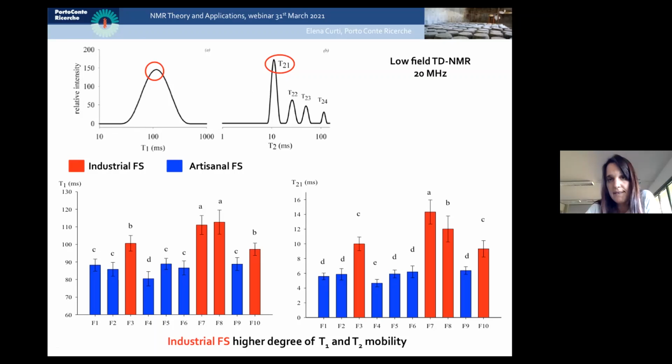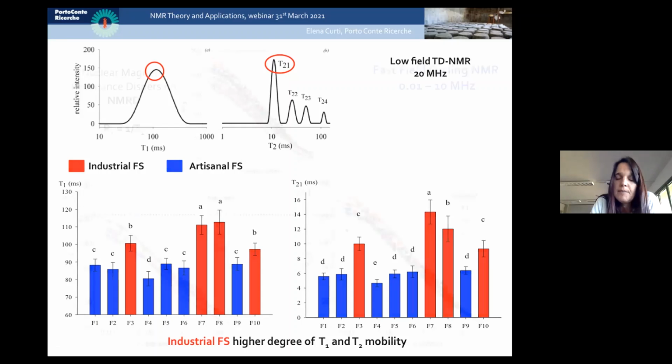What we saw was that all the industrial samples had higher values of both T1 and T2. You can see here the red columns. So we could say that industrial samples showed a higher degree of T1 and T2 mobility.